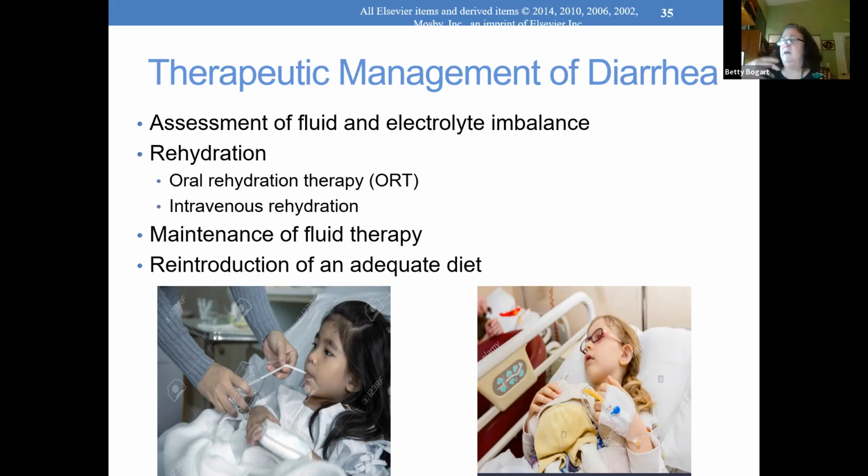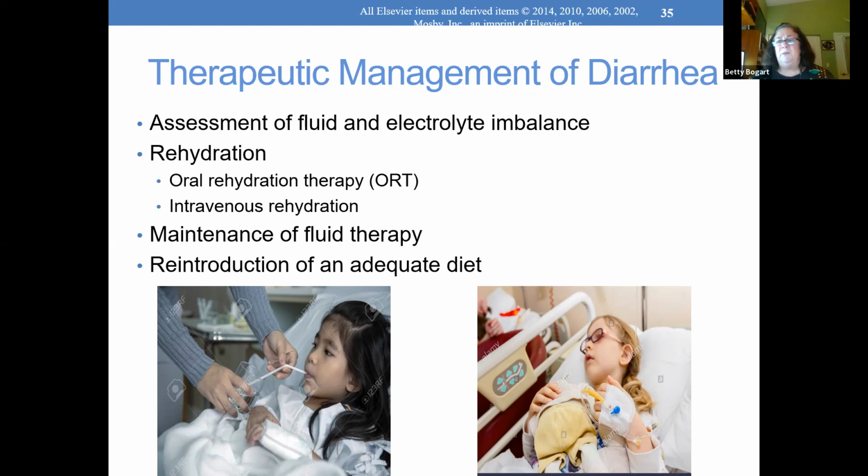Oral electrolyte therapy, Gatorade, Powerade, Pedialyte, one of those things. And again, if they're really, really lethargic, IV, but most of the time we'll feed them. And a lot of times we'll just give a lactobacillus to these children. And again, starting them back with their diet.